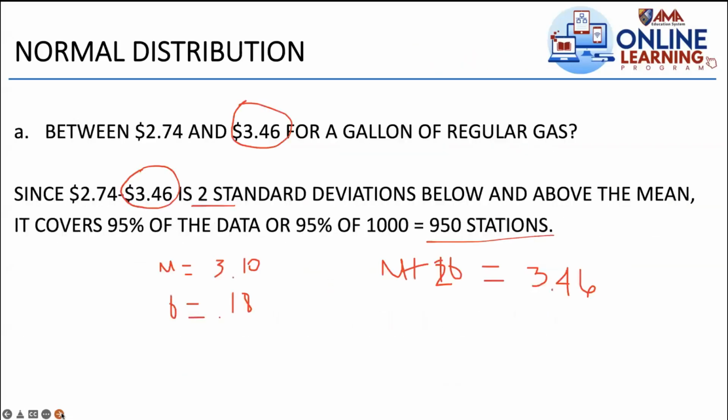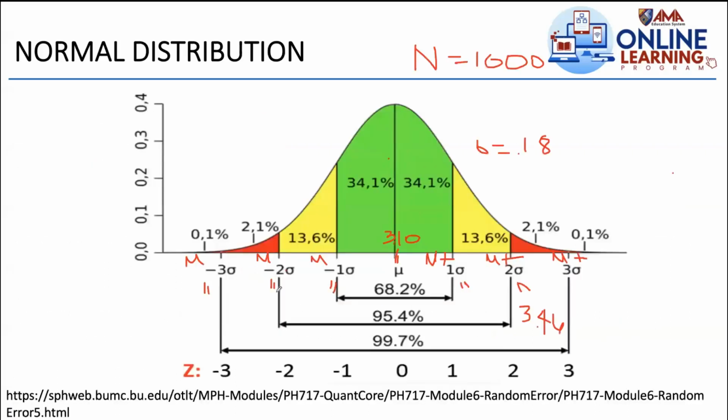Again, 2 times 0.18 is 0.36. So 3.10 minus 0.36 is 2.74. And again, we have that here, and in the question it's there. So going back to the graph, this one is equal to 2.74.